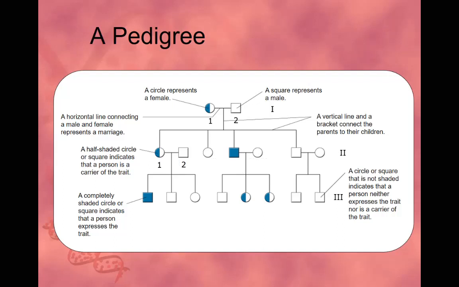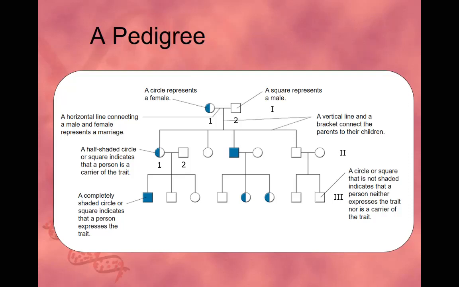So in this particular instance, you can see up here at the top that we have this female, it's a circle, so it's a female, and she had children with this square, this male. The square is not colored in, so this is an unaffected male, and this is an affected female. They have children represented by this bar going down and then this bar going across.